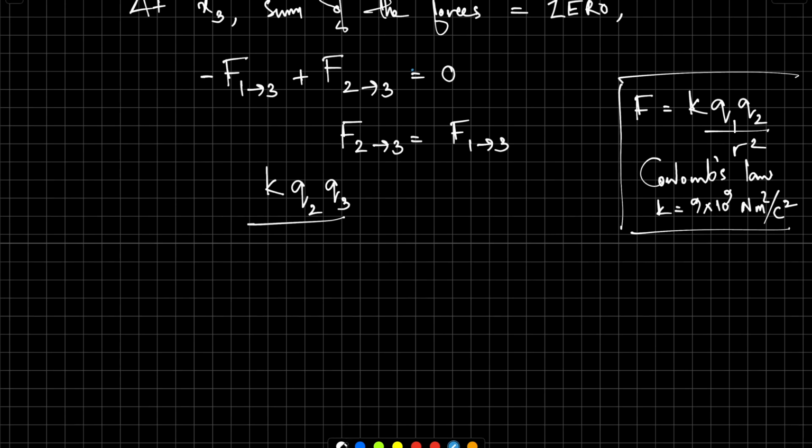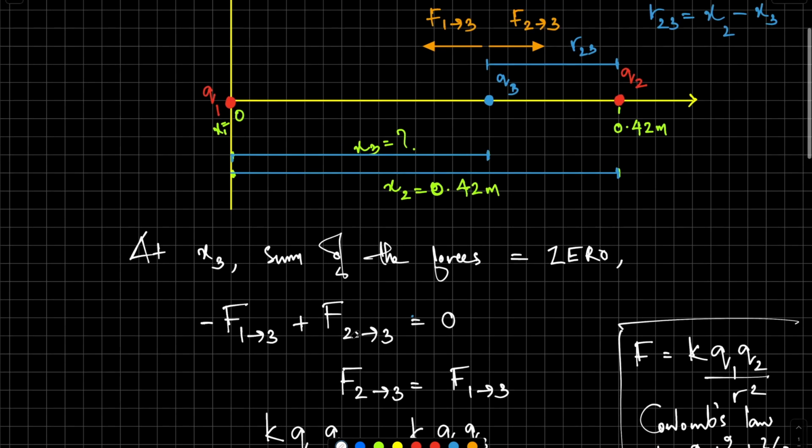Let's write the general equation. K Q2 Q3 over R2, 3 square is equal to F1 to 3, the force by charge 1 on charge 3. Again we have two charges, charge 1 and charge 3, and the distance between them, let's call it R1, 3 squared. So K Q2 Q3 over, what is R2, 3?